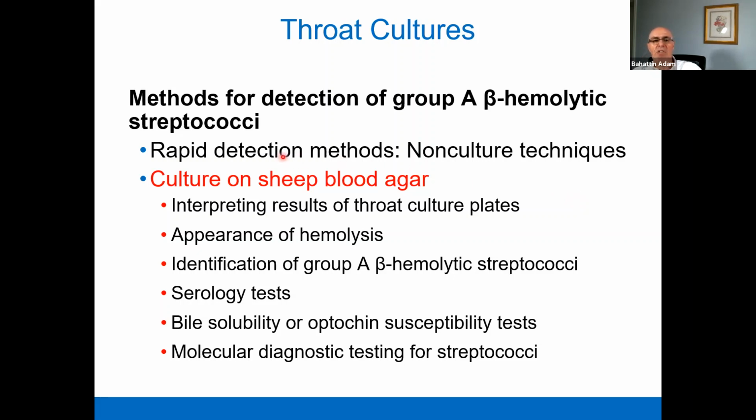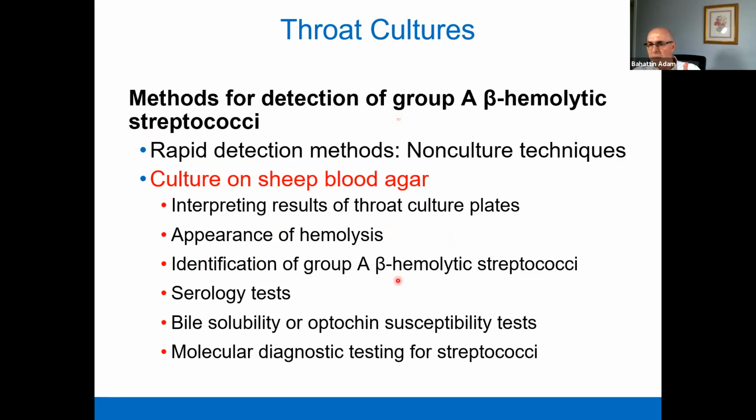The rapid detection methods are non-culture techniques that we are using. Okay, I am going to give a break after this slide. And we also culture this kind of streptococcus on sheep blood agar, okay, in order to interpret the result of the throat culture plates.